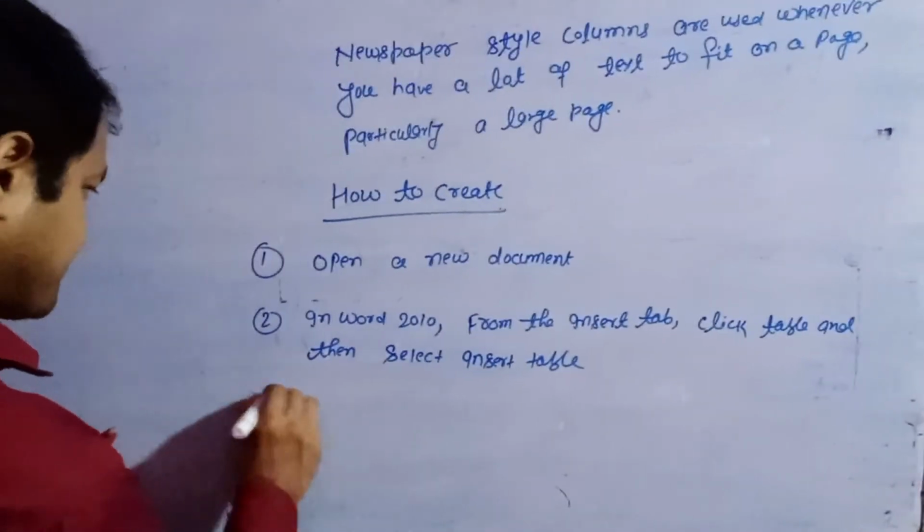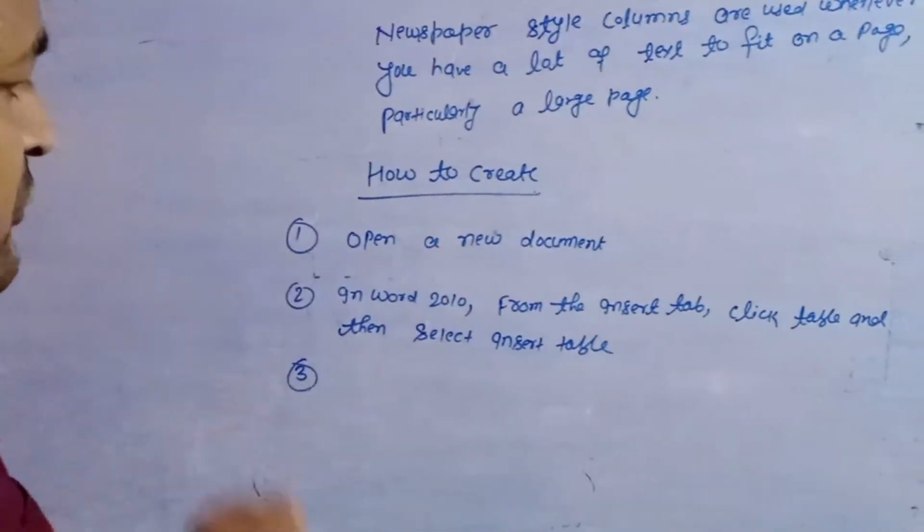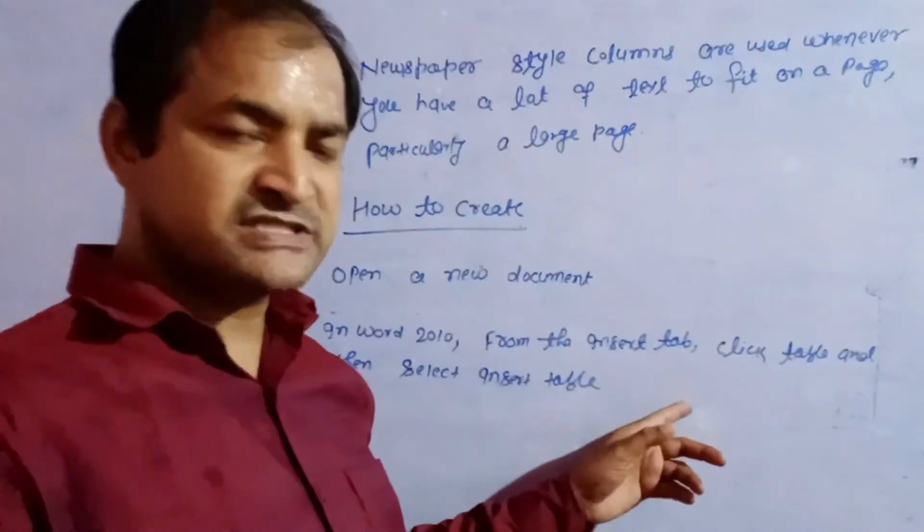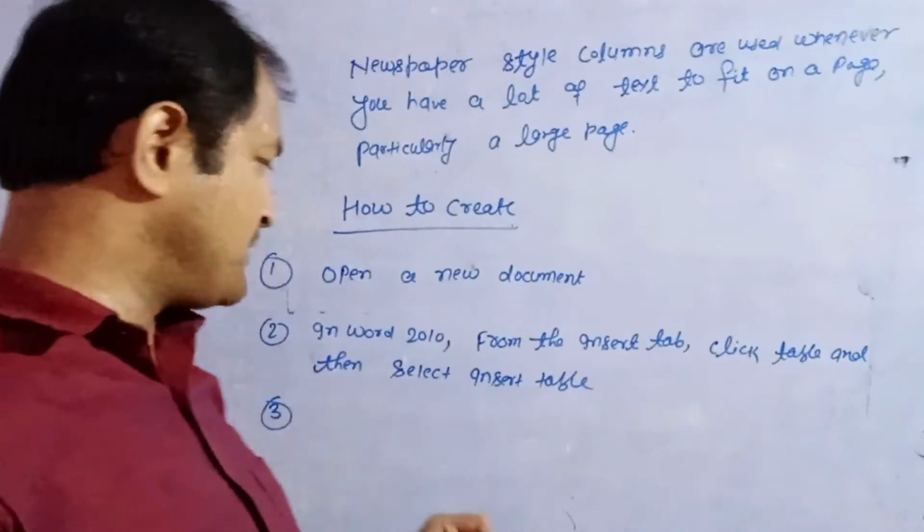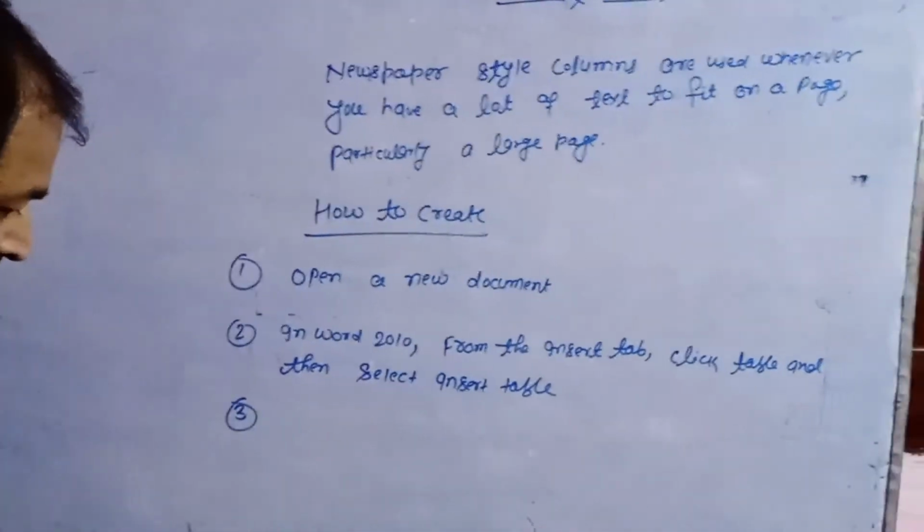This is the third point. First, you open a new document, and second, you go to the Insert tab and click the Table option and select Insert Table.